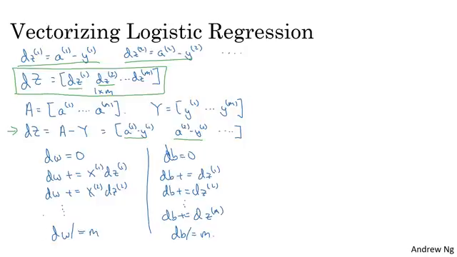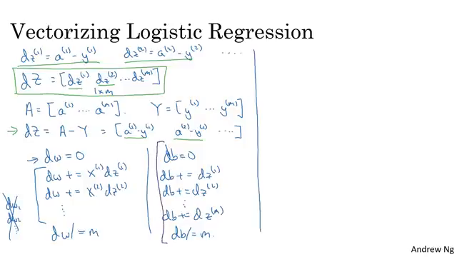We'd already gotten rid of one for loop, so at least now dw is a vector, and we weren't separately updating dw1, dw2, and so on. So we've gotten rid of that already, but we still had a for loop over the m examples in the training set. So let's take these operations and vectorize them. Here's what we can do. For the vectorized implementation of db, what it's doing is basically summing up all of these dz's and then dividing by m.